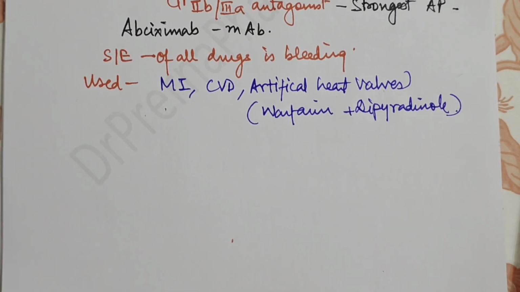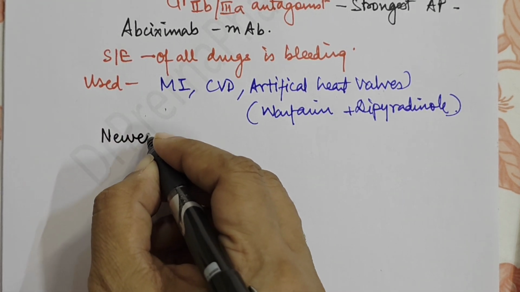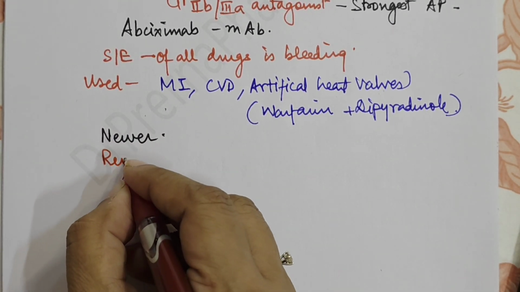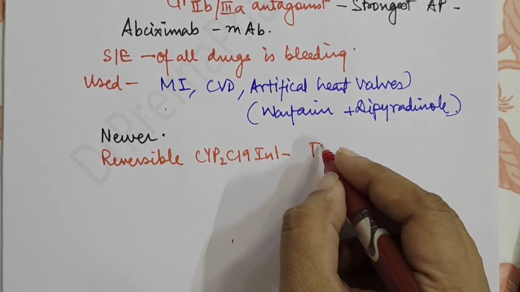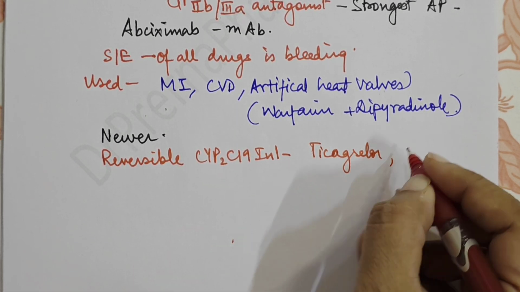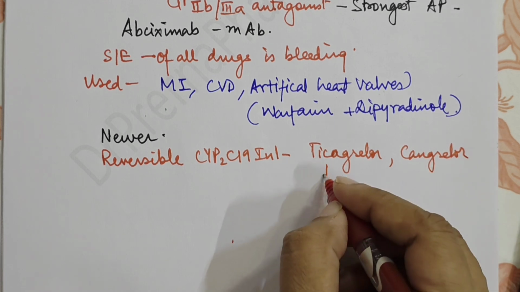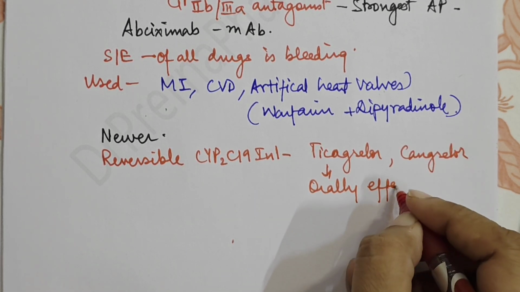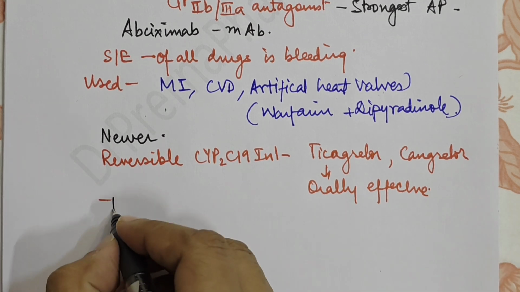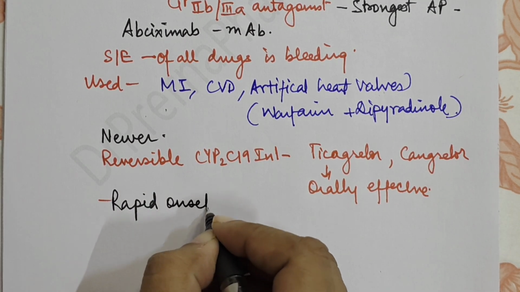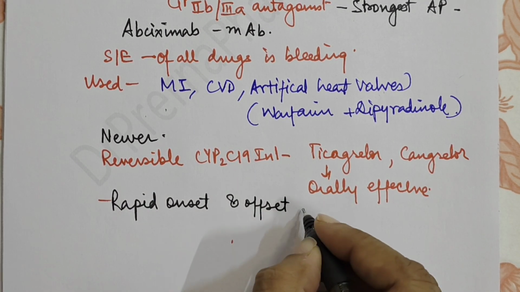Then the newer drugs that we are seeing here: one is the reversible P2Y12 inhibitors, that is ticagrelor and cangrelor. These drugs are orally effective, they can be given orally. They have a rapid onset and offset of action.